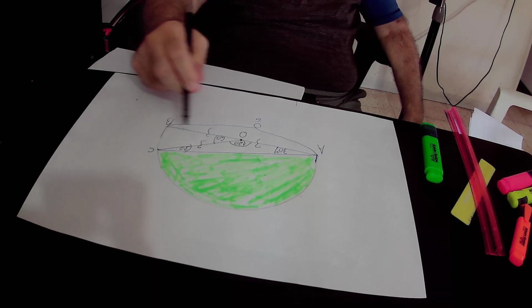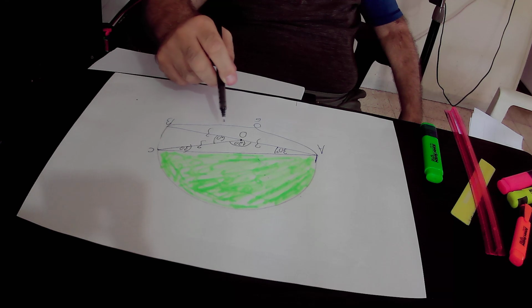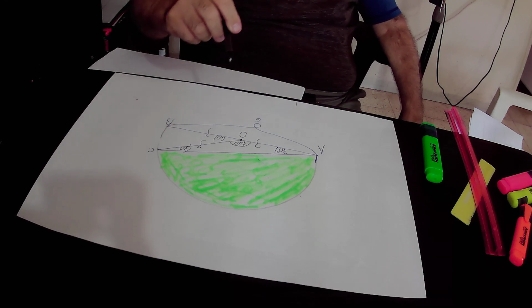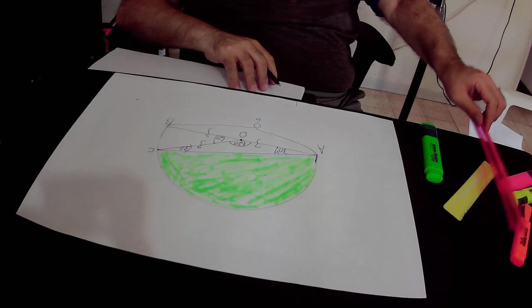In the next step, I will copy sector COB onto a new page and we use the new formula in order to find the area of this sector COB.